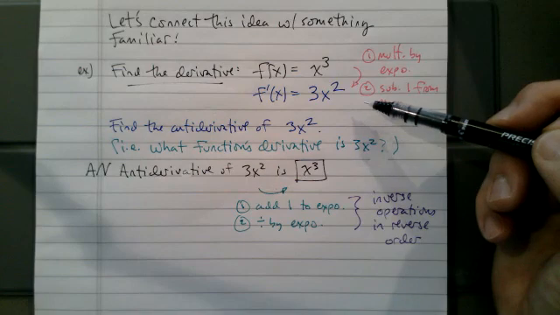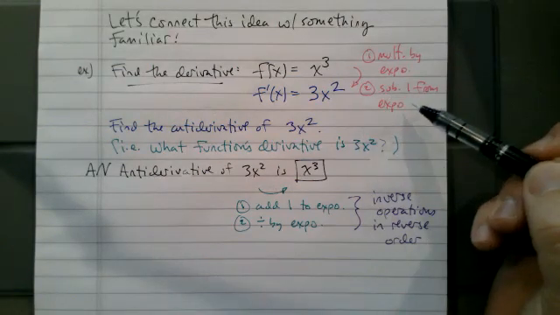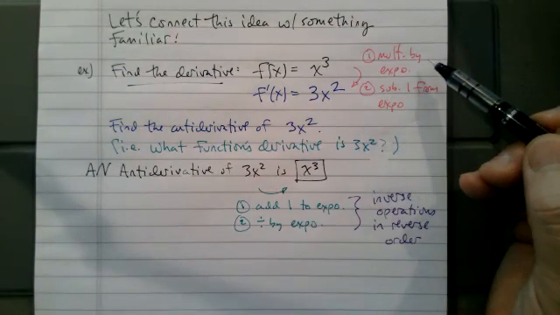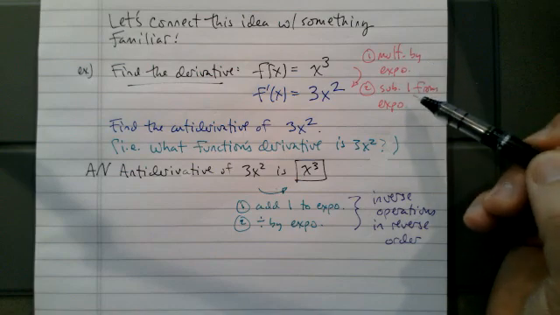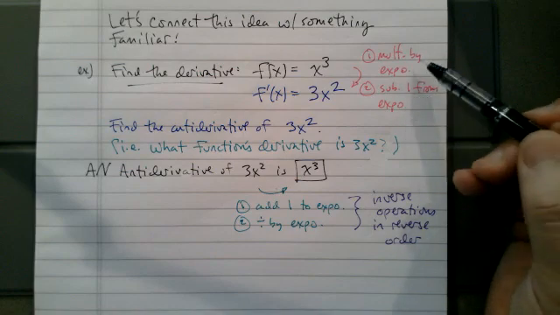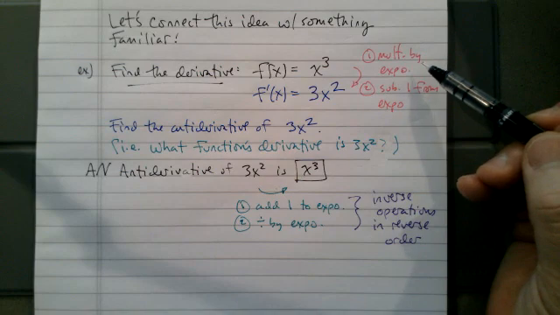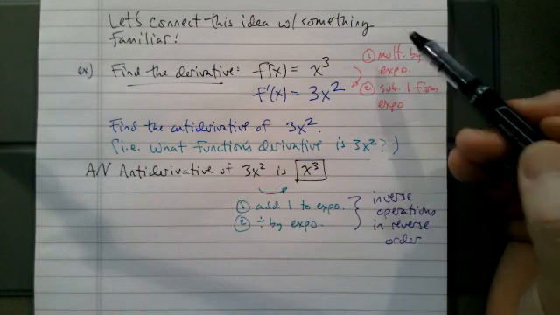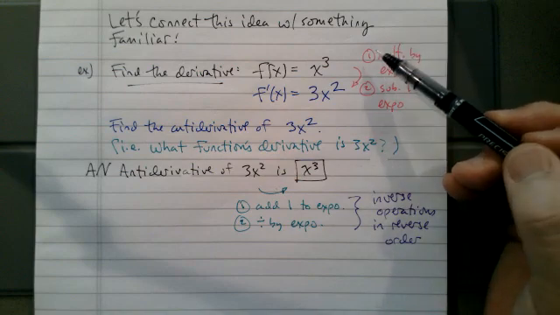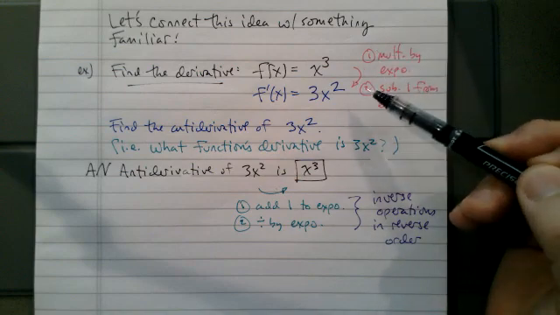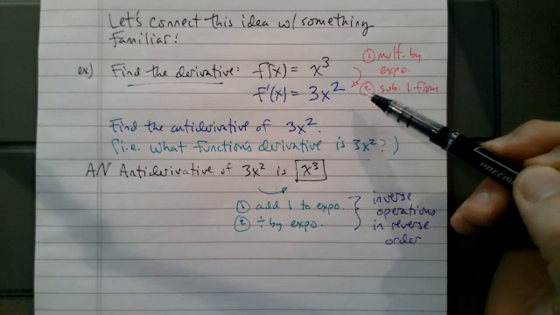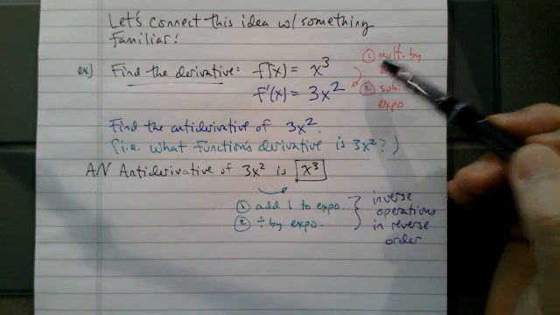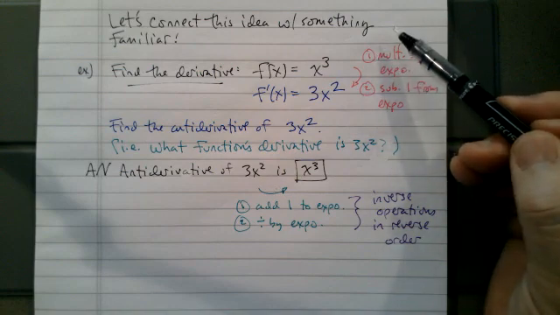So if we want to undo this process, we invert the operations in reverse order. We add 1 to the exponent, then we divide by that exponent. You have to perform inverse operations in reverse order. If you start with bare feet, and first you put your socks on, then you put your shoes on, to get back to bare feet, first you take your shoes off, then you take your socks off, then you're back to where you started with bare feet.